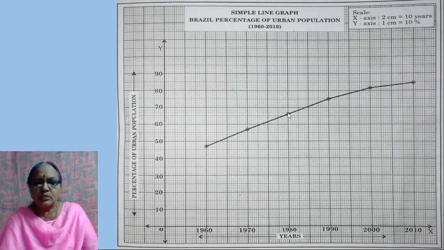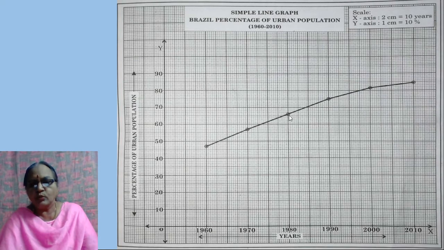But in the year 1960 to 1970, there has been a rapid increase in urbanization.